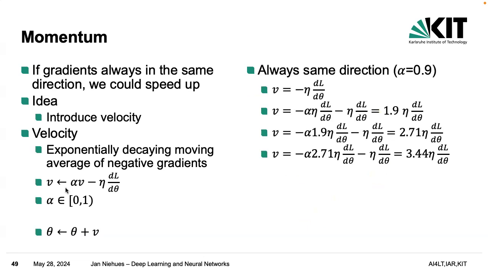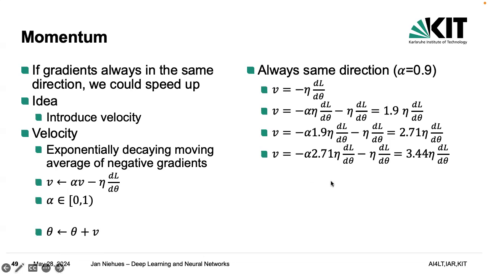So just assume your gradient is always really going in the same direction. What is happening? First, your velocity is normal if we initialize it with 0. So this is your normal update rule. In the second step, I mean, this of course doesn't really happen, they will never be exactly the same, but just for understanding, assume you're always going in the same direction.